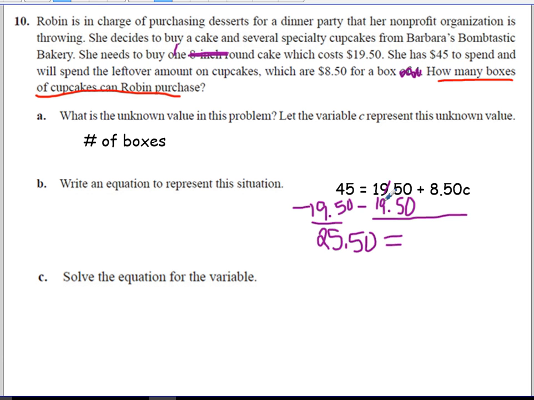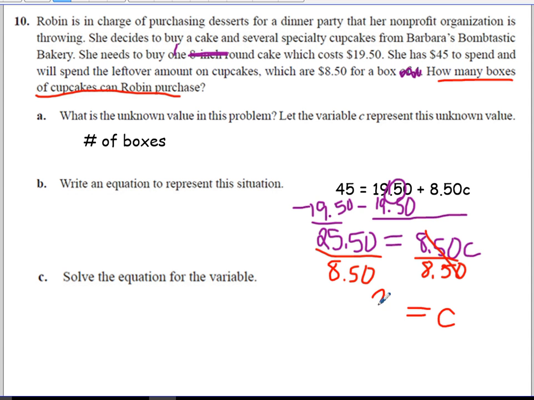And then the 19.50 minus 19.50 zeros out. So that leaves us with the 8.50C on the right-hand side. And so now we need to get rid of that multiplication by dividing by 8.50. And so C is left by itself on the right, and 25.50 divided by 8.50 is 3.